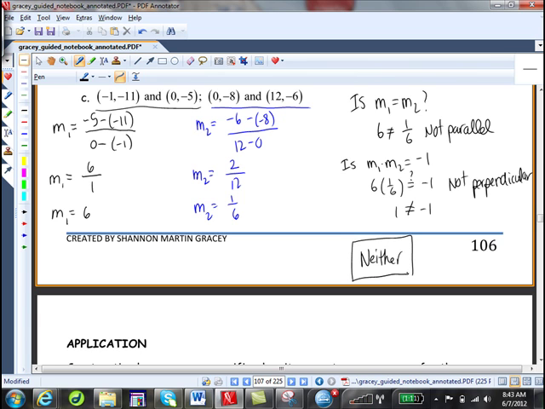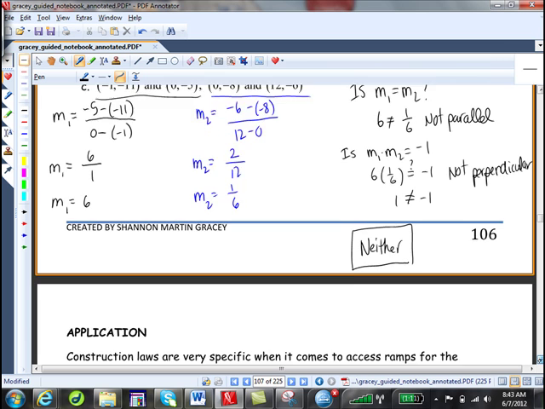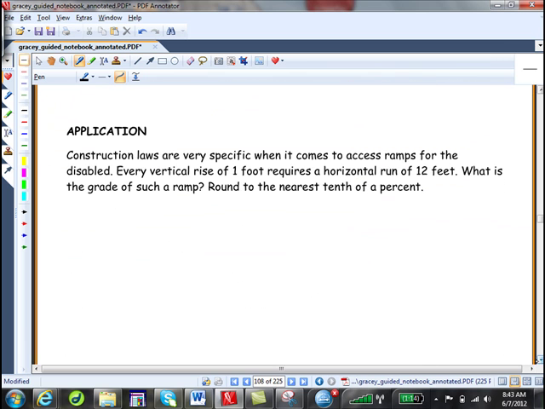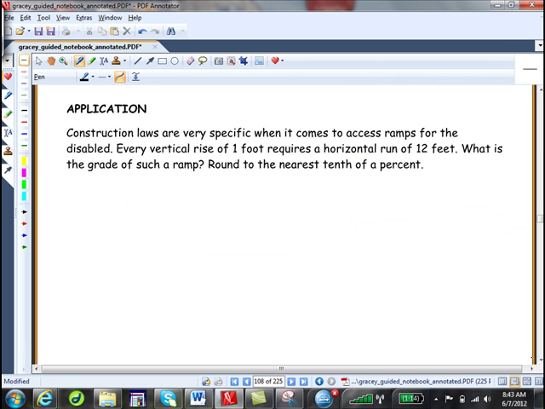All right? So last up is our application. So here we go. Construction laws are very specific when it comes to access ramps for the disabled. Every vertical rise of 1 foot requires a horizontal run of 12 feet. What is the grade of such a ramp? Round to the nearest tenth of a percent. So here we go.